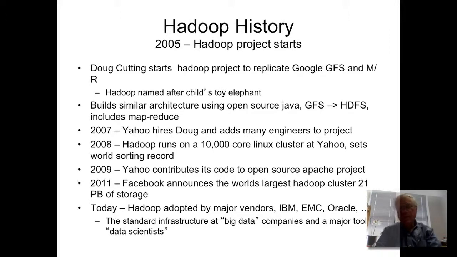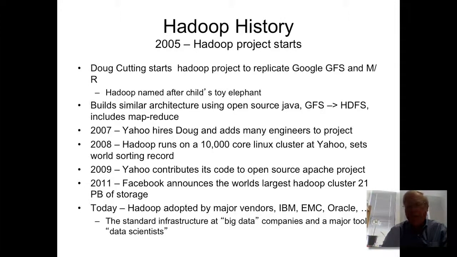He used open source tools, Java in particular, to build a replica of the Google file system called the Hadoop file system, and MapReduce. And the project picked up a fair amount of support. It was sort of interesting because Google had a proprietary architecture, and this was now basically open sourcing their approach.